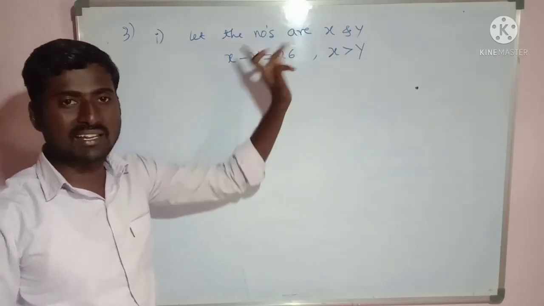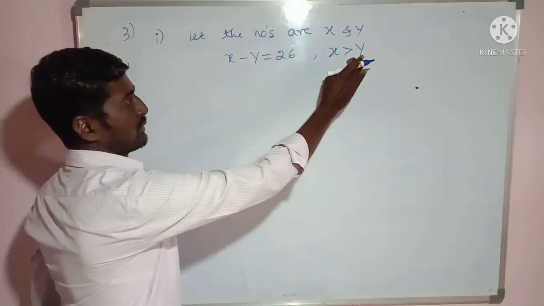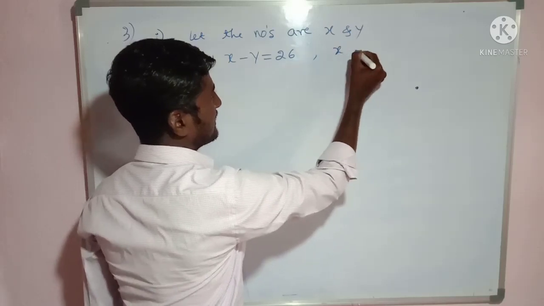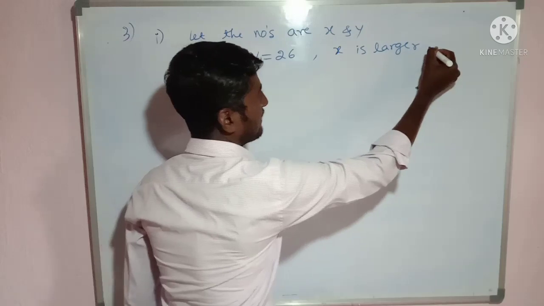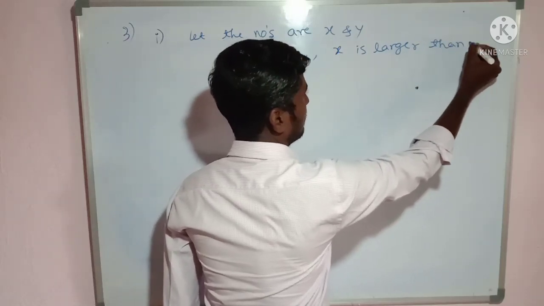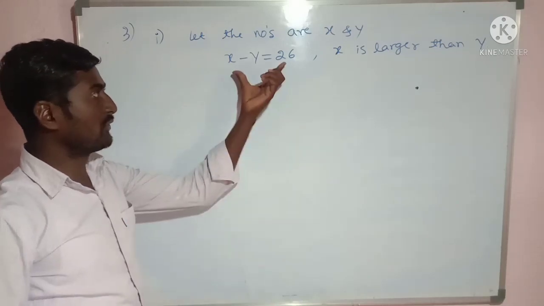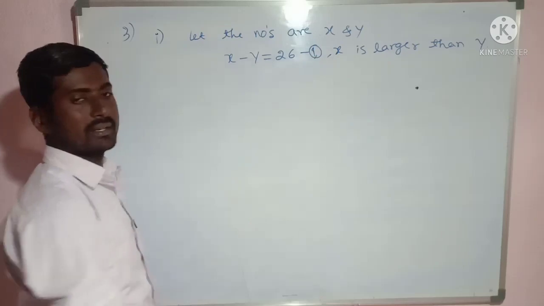Means x is the larger number, y is the smaller number. Instead of that you can write x is larger than y. Okay, x is larger than y. Now difference of the two numbers is 26. I have taken it as equation number 1.